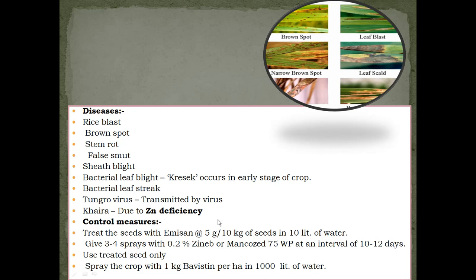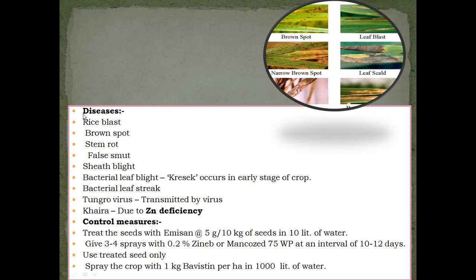This is a nutritional deficiency disease. Among all these diseases, rice blast is the major disease, which is found very severe, damaging the crop very severely, and then the other diseases.